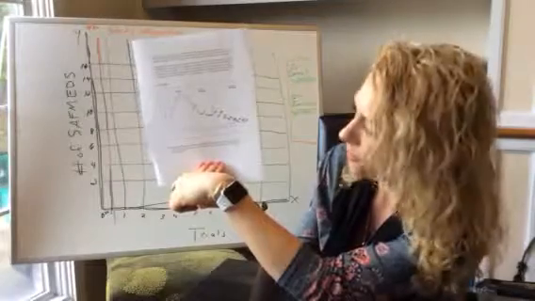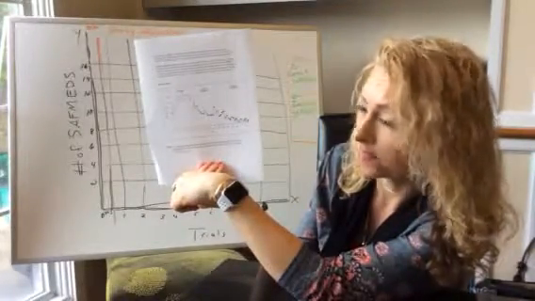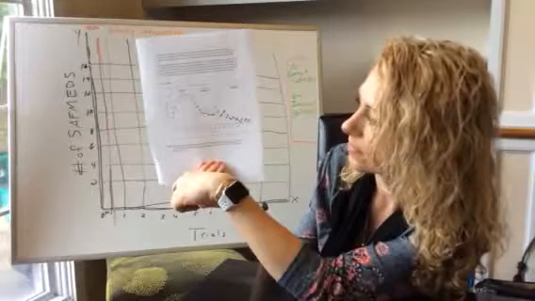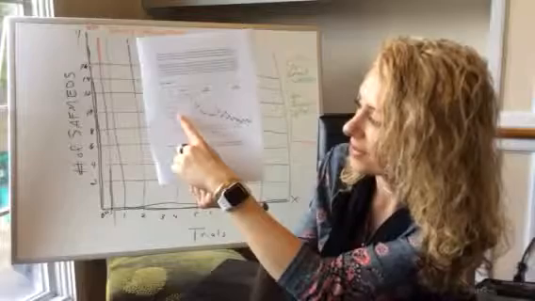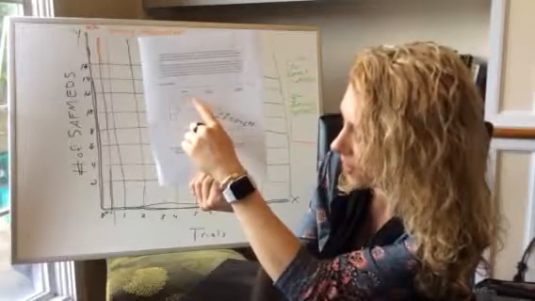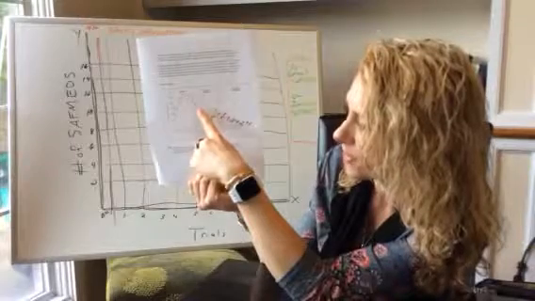Looking at this graph, which phase is most variable? If you said baseline, you're correct. Okay, there's a high amount of variability. It's going up and down, up and down. But then we have some stability.